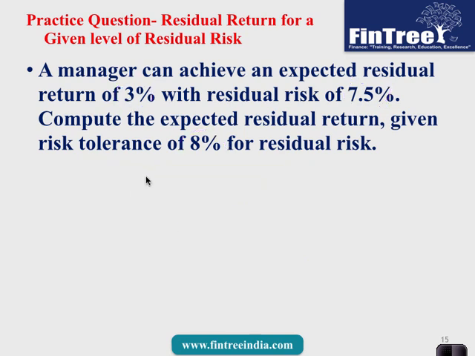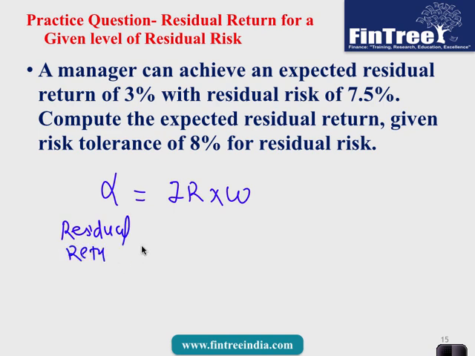Which gives us the formula: alpha is equal to information ratio times omega. Alpha is the residual return, this is the information ratio, and omega is the residual risk.